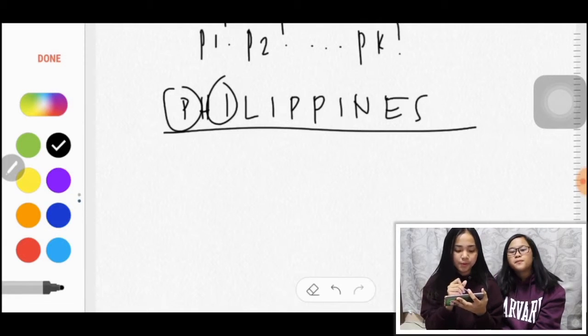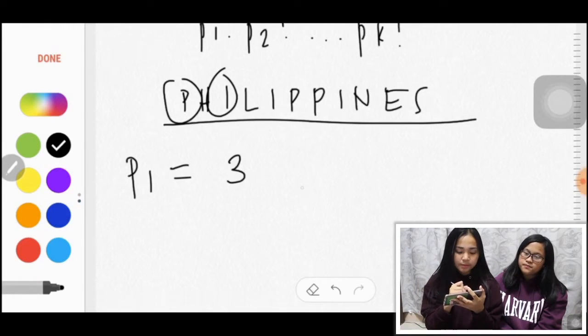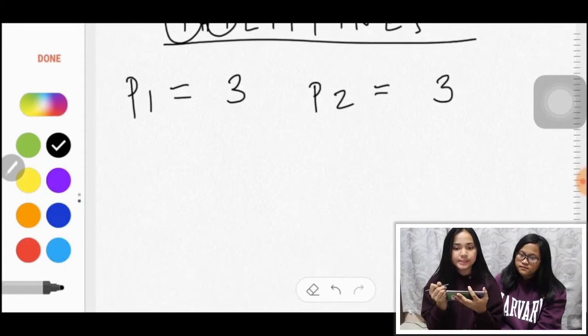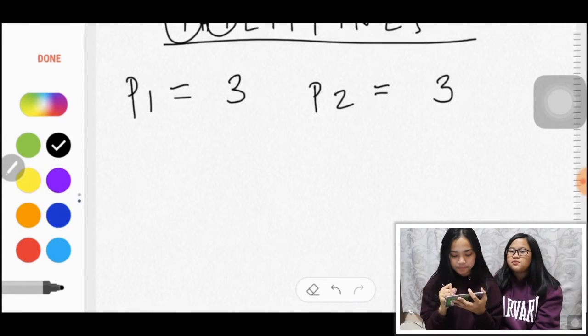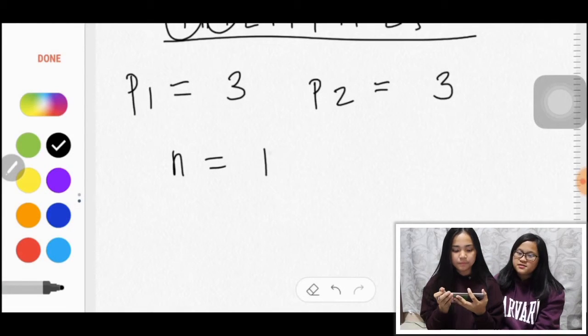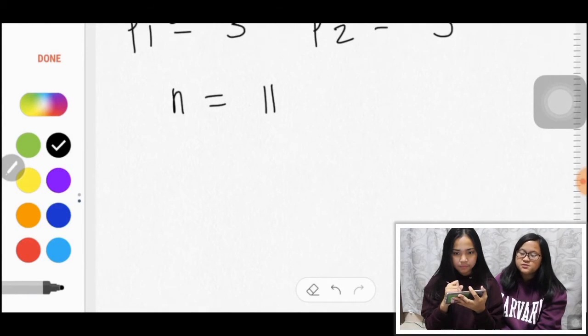In this case, both P and I are the letters that have been repeated in the word Philippines. And so P1 will equal 3 because P has been repeated three times. And our P2 will also equal 3 because I has also been repeated three times. And then n, which is the total number of letters, will be 11.